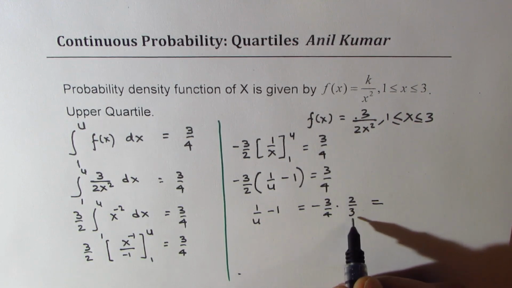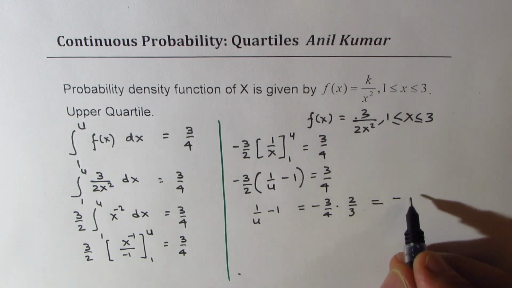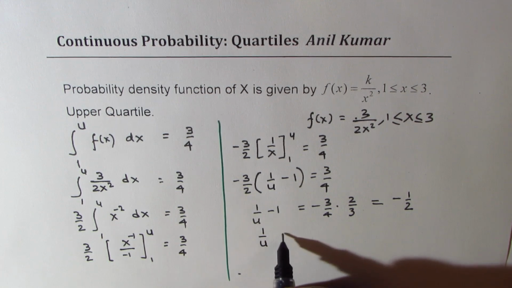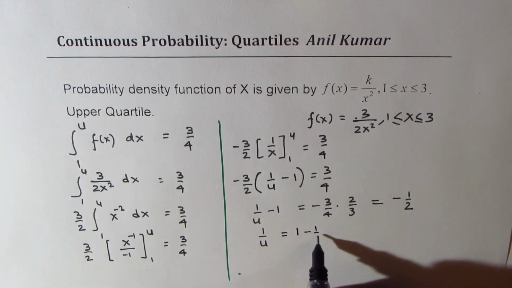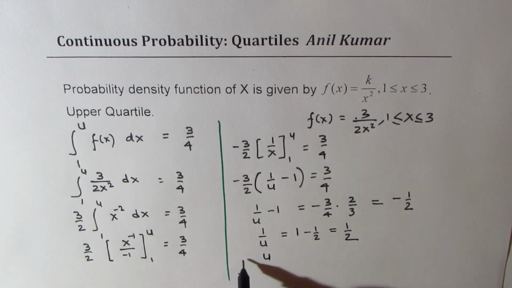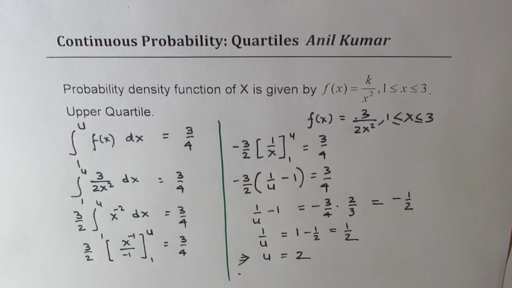So then 3 and 3 cancel. So we get negative 1 over 2, half. So we get 1 over u equals 1 minus half, which is half. And that gives you the value of u as equal to 2. So the limit for the upper quartile is 2.